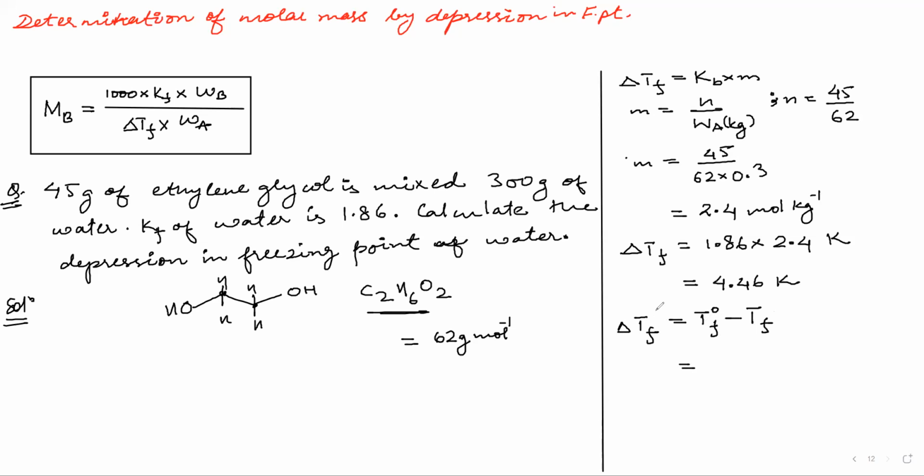Because water is our solvent. 273.15. So 273.15 minus TF will be equal to 4.46. So TF will be equal to 273.15 minus 4.46. This will be equal to how much? Tell me.